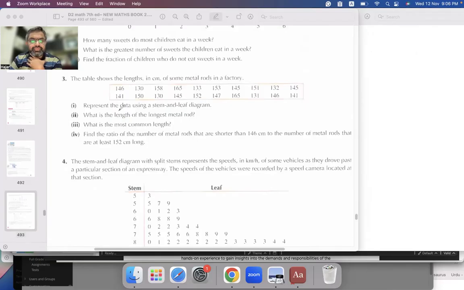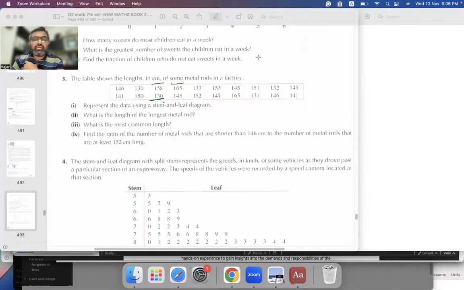We see most of our lengths are in the range of the 140s, some in 130, 150, 160. So we can define our stem as 130, 140, 150, and 160. I don't see any in the 170s or 120s.